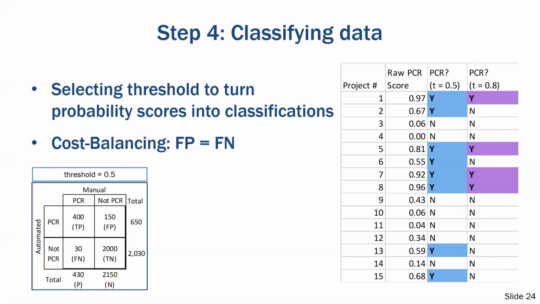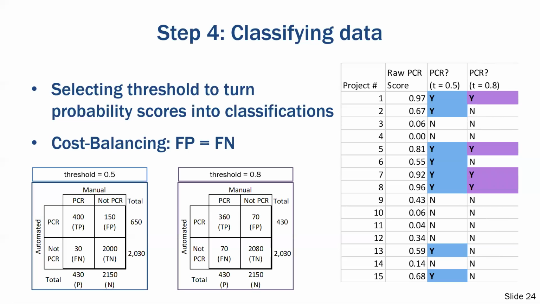In this example, with a threshold of 0.8, the sensitivity goes down. It's a little harder for a project to be classified as positive for PCR. In this case, we only identify 360 out of the 430 PCR projects as accurately being PCR.